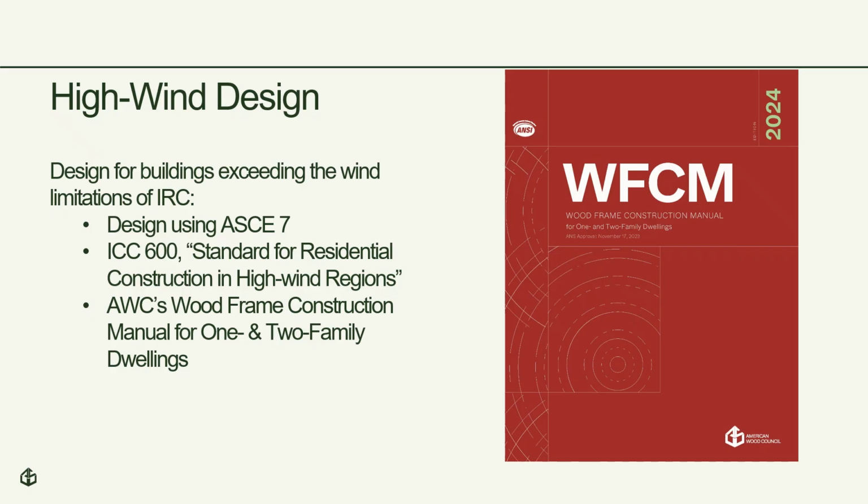Another path for compliance when exceeding limitations is listed in the IRC. Where exceeding the wind limitations, you can utilize design per ASCE 7, the ICC 600, or AWC's Wood Frame Construction Manual for One- and Two-Family Dwellings.